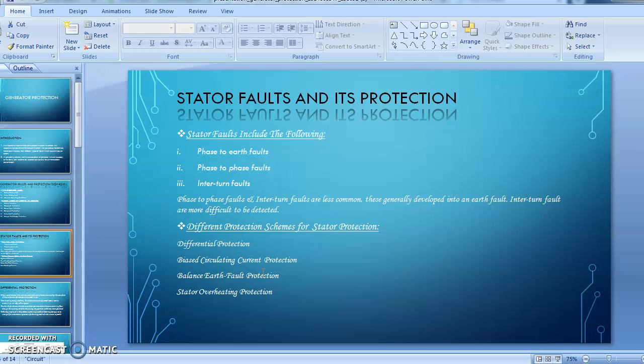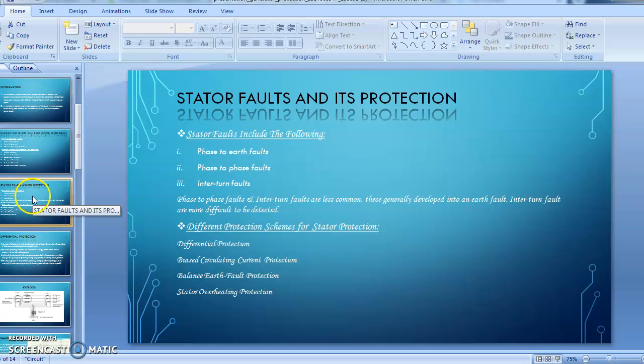In that case we have to go for a restraining coil, which is known as the restraining coil or percentage bias differential protection scheme. Then the biased circulating current protection, balanced earth fault protection, and stator overheating protection scheme. So one by one we will discuss all the topics here.